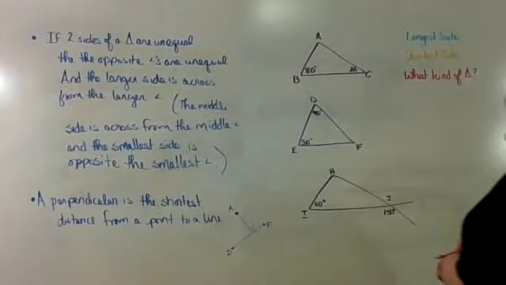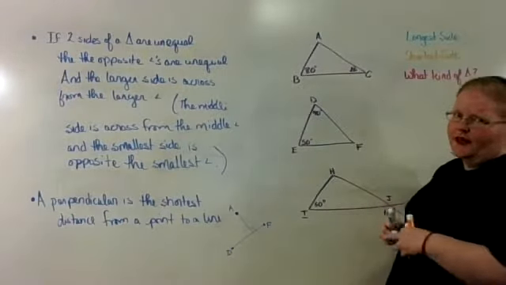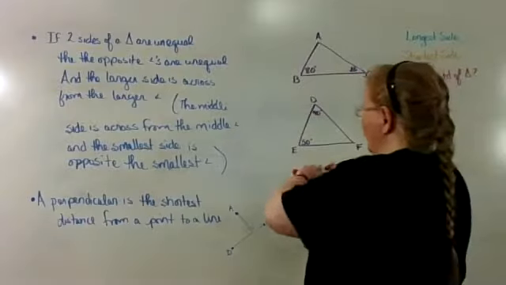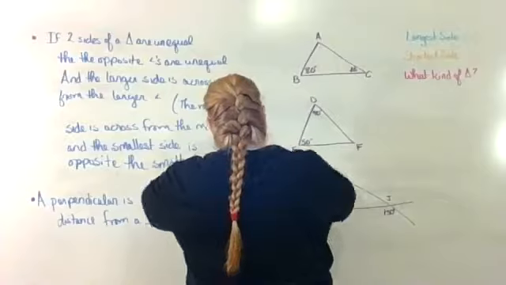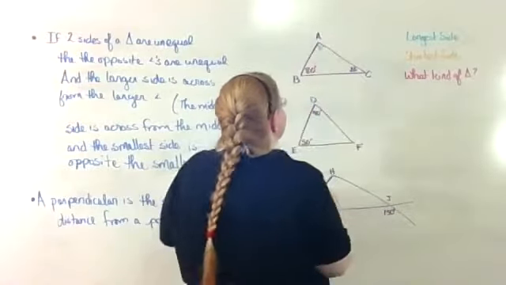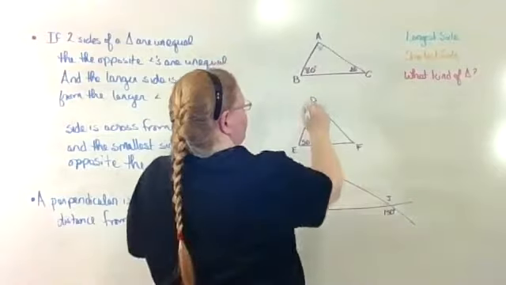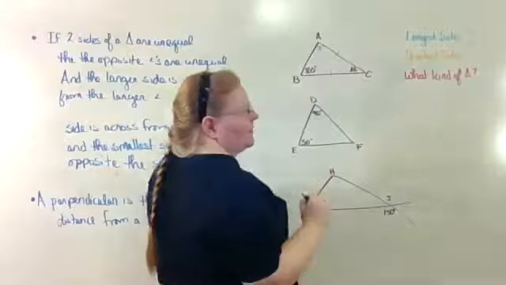Okay, so in order to do these, you're first going to have to figure out what the other angle is. So this one happens to be missing 80 degrees there, which makes that one isosceles. But we'll get back to that in a minute.